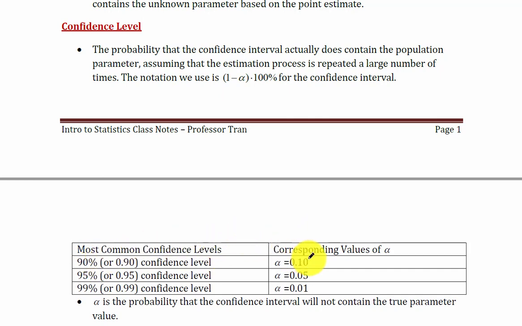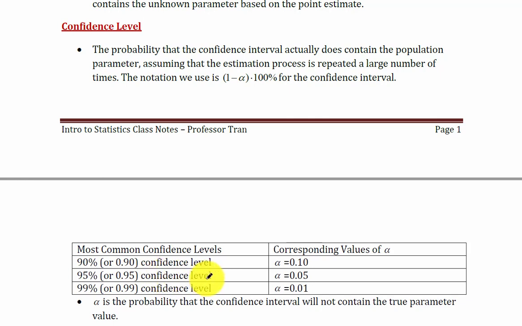the other 10% is the probability of not getting the parameter inside the interval. That means alpha is the probability that the confidence interval will not contain the true parameter value. That's why a 90% confidence level will give you alpha to be the other 10%, because 90% and 10% is 100%, and 10% for alpha means 0.10.